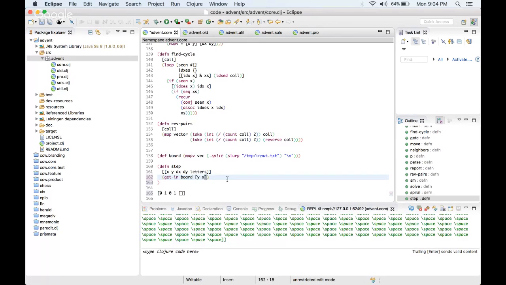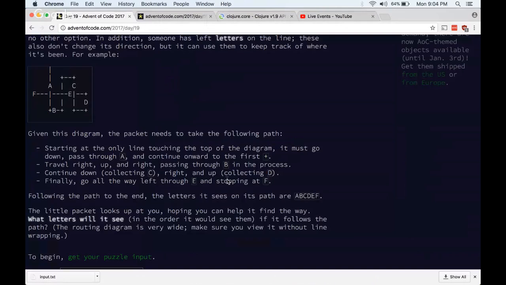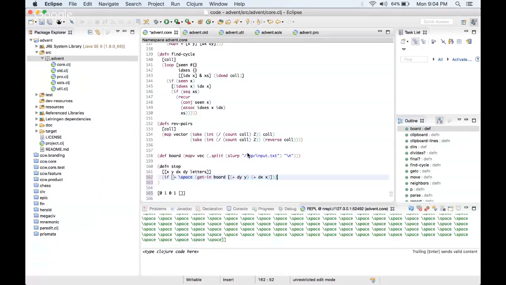So based on what we're currently tracking, we need to ask if it's a space, basically.